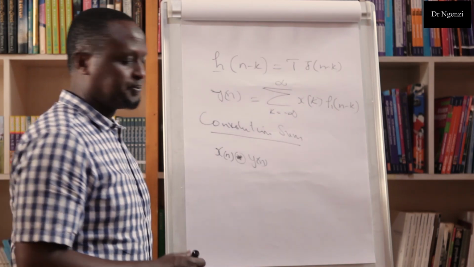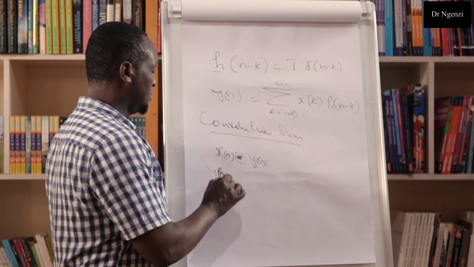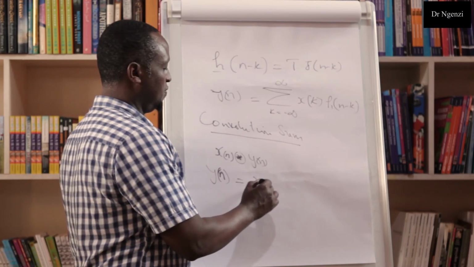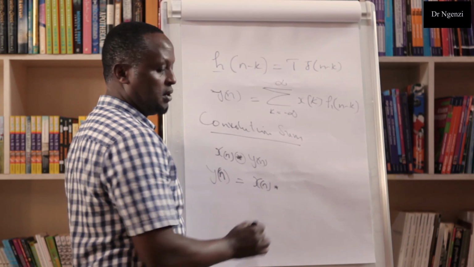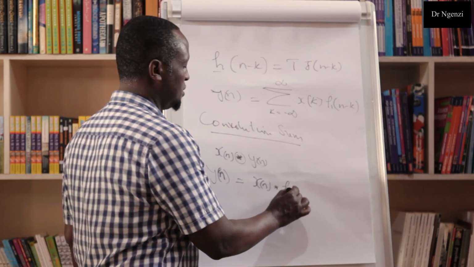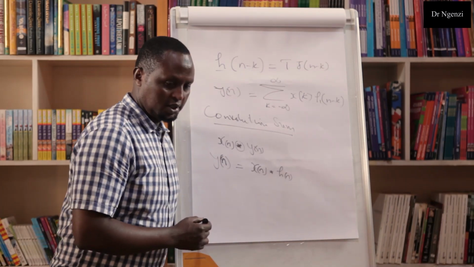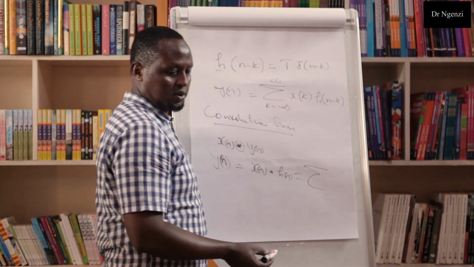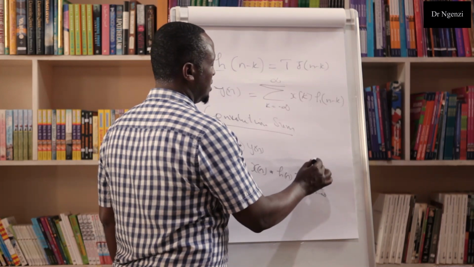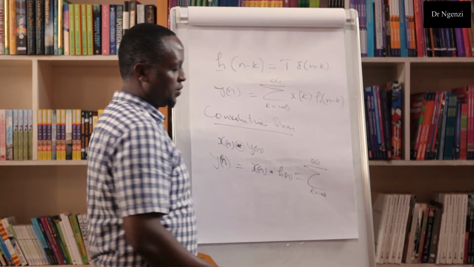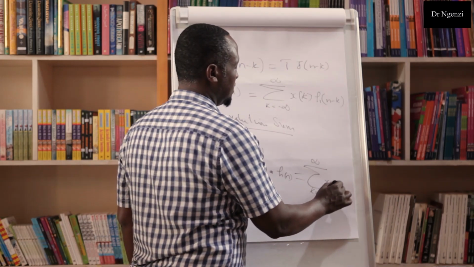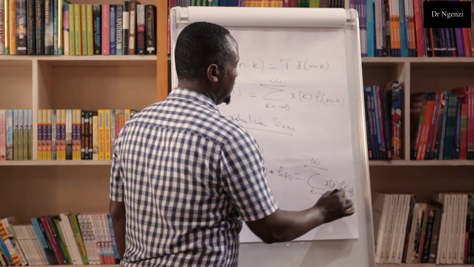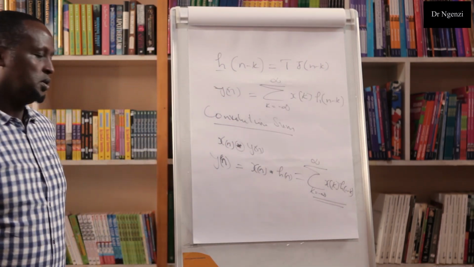So, for example, if you have an impulse response, having the response value that is a convolution sum, a convolution of the impulse response and the response value, it is the same as saying the summation, starting from negative infinity, of x of k, remember, times h of n minus k. Right. So this is also true if you want to have a convolution sum.